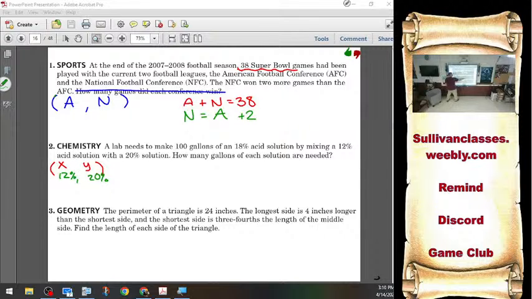Whew. Reading the problem explains the problem. You have 12% of this stuff, 20% of that stuff, all together is making 18% of. If I take 12% of this many gallons and 20% of that many gallons, I'll get 18% at how many gallons? 100.